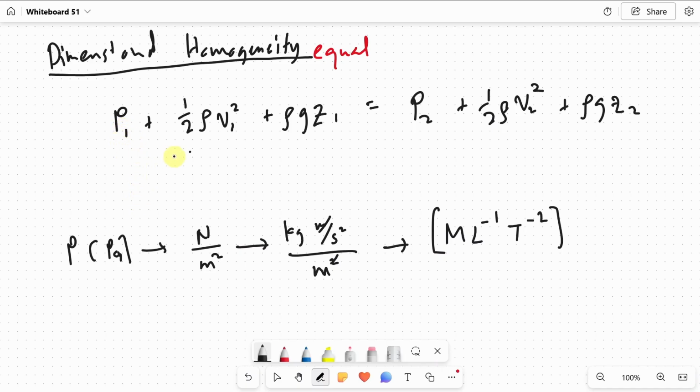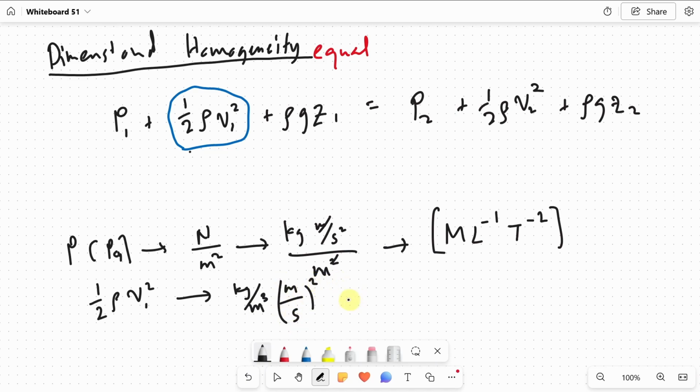Okay, this is the first term. Let's take a look at the second one. I might get this right, I might get this wrong. So this is half rho v1 squared. The unit of rho is kilogram per meter cube, and velocity is meter per second, squared. So you get kilogram meter squared per meter cube second squared.